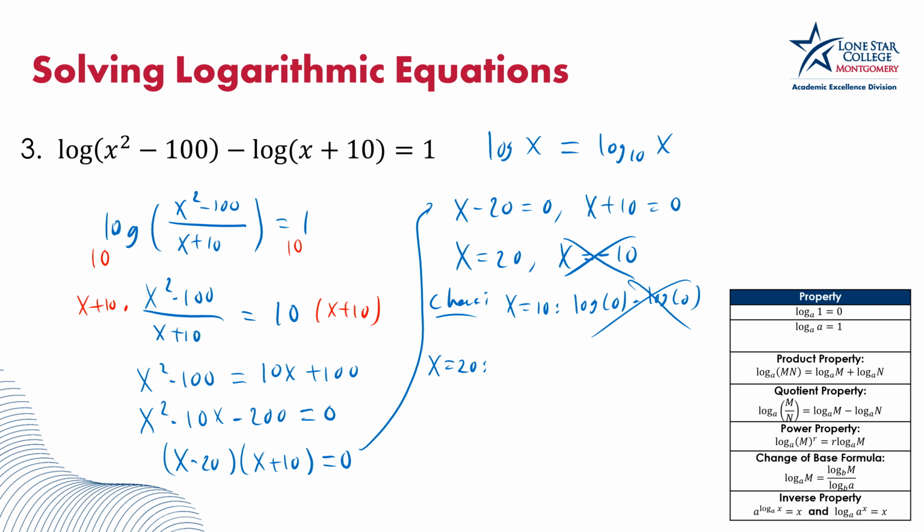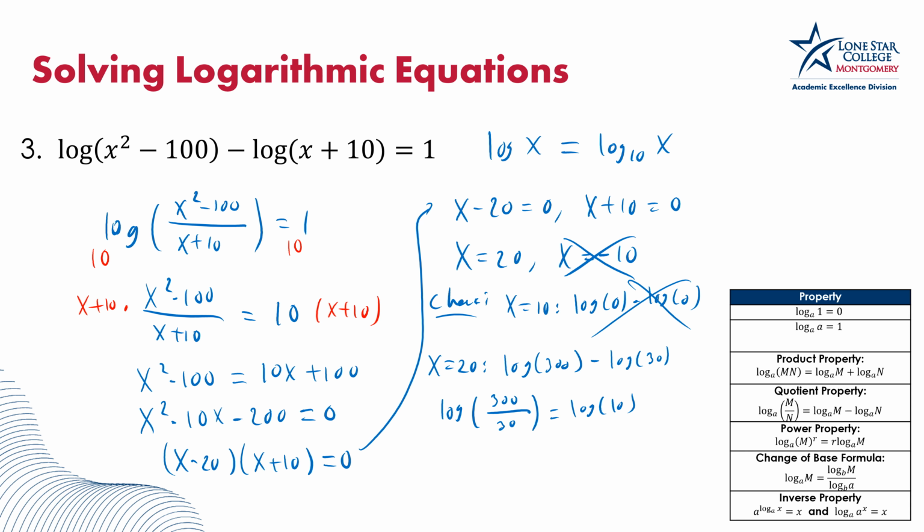We plug 20 in, so 20 squared is 400, so we have log of 400 minus 100, which is 300, minus log of x plus 10, so 20 plus 10, which is 30. So log of 300 minus log of 30, applying the quotient property, is log of 300 divided by 30, which is log of 10.